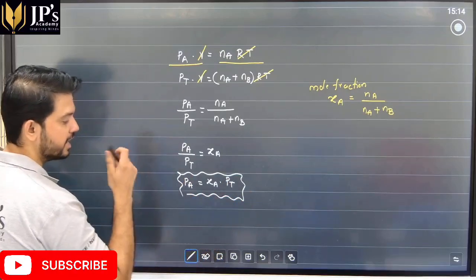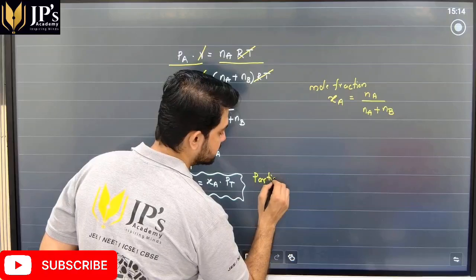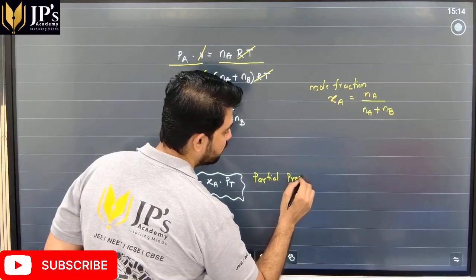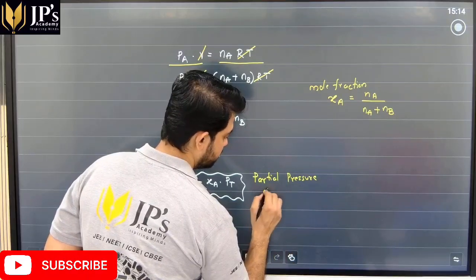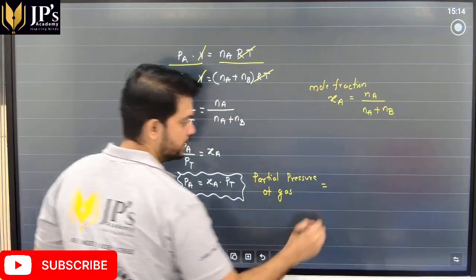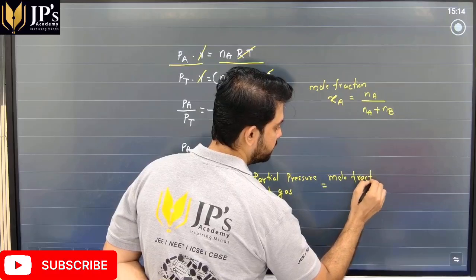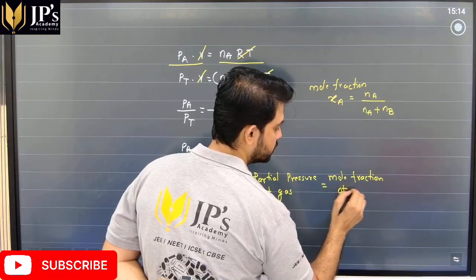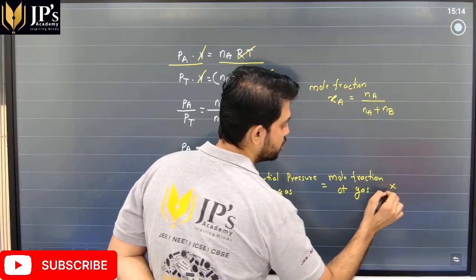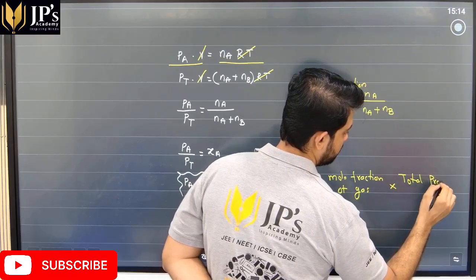Or students, we can write the expression as: the partial pressure of a gas in a non-reactive mixture will be the mole fraction of the gas times the total pressure.